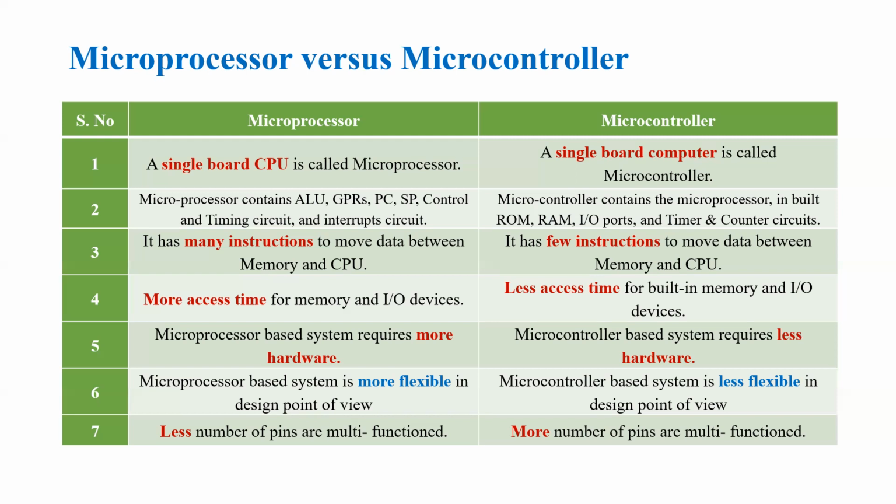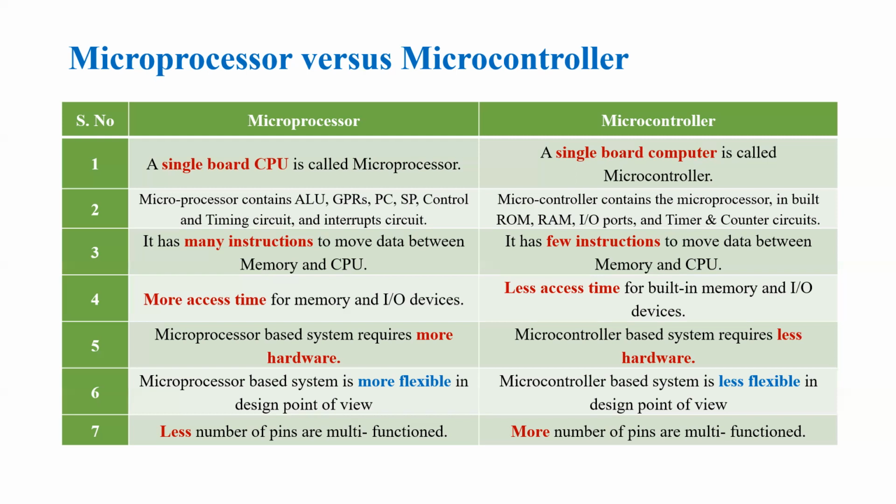But coming to the microcontroller case, the flexibility is less. The reason is your microcontroller has inbuilt memories and inbuilt IO ports. There is not much choice for you in selecting memory elements as well as IO ports. Most of the cases we go with the memory elements and IO ports available on the microcontroller for making a system.